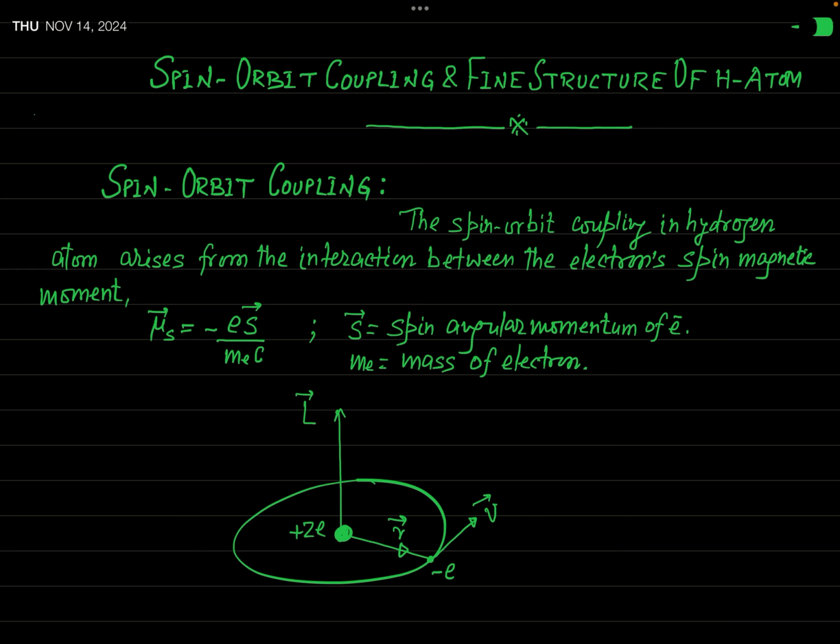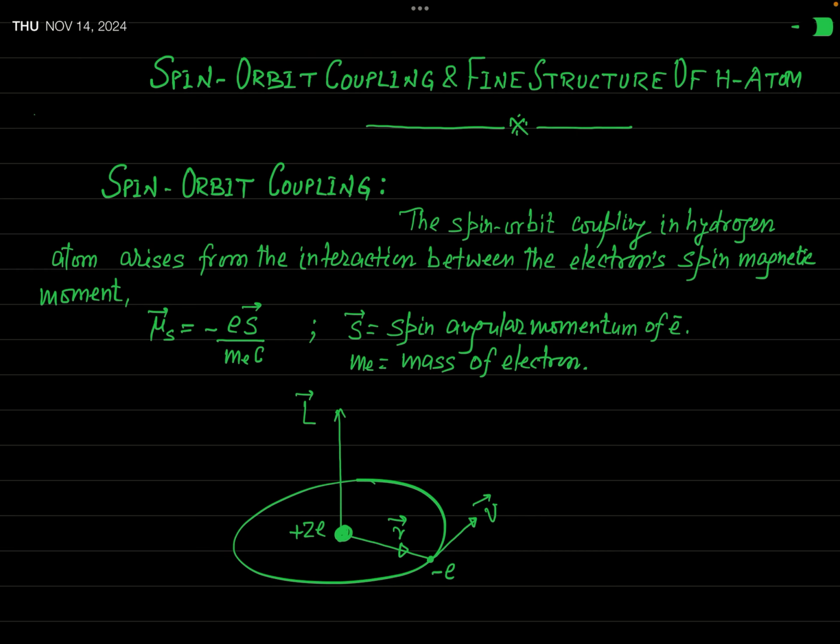In fact, the explanation of the fine structure of the hydrogen spectrum is due to two effects. The first one is spin orbit coupling and the other is relativistic correction. In the present lecture, we are going to see how we can calculate the energy correction due to the spin orbit coupling.